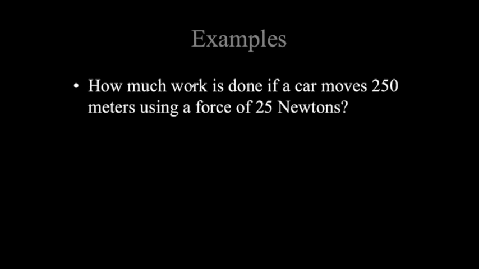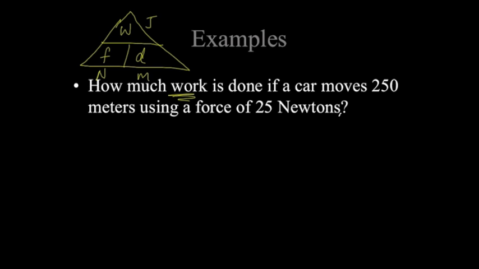Okay. Let's do an example of calculating work. It says how much work is done if a car moves 250 meters using a force of 25 newtons. Well, let's go back and draw out our formula triangle. We have work, force, distance. Remember, force is in newtons, distance meters, work in joules. So we don't know what the work is, but they give us the distance it traveled. The car moved 250 meters.